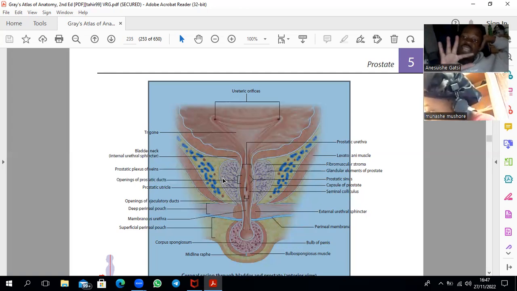The ureter has 3 blood supplies, and here's how I want you to remember. The ureter joins the kidney to the bladder, right? In the upper third, the ureter gets its blood supply from the artery of the kidney, which is the renal artery.